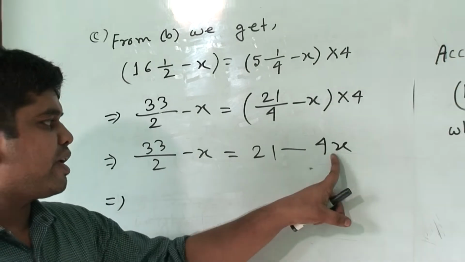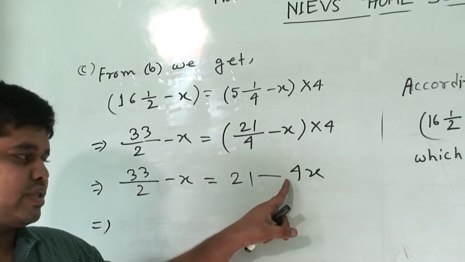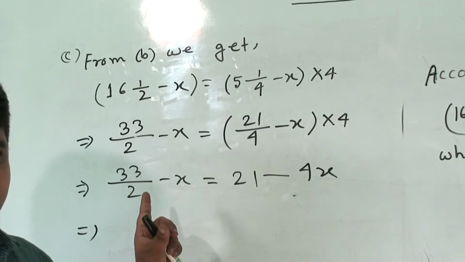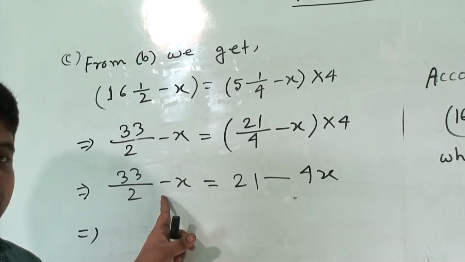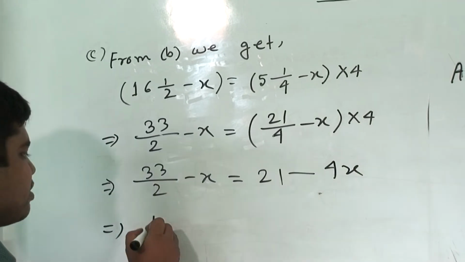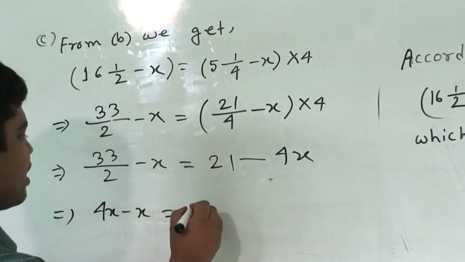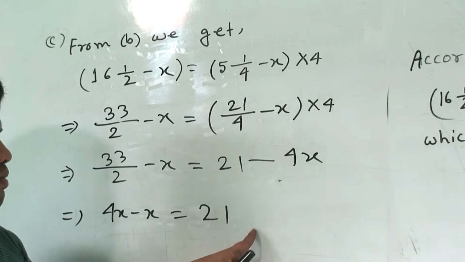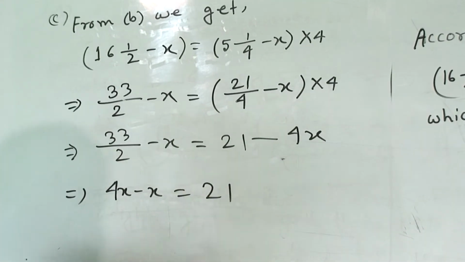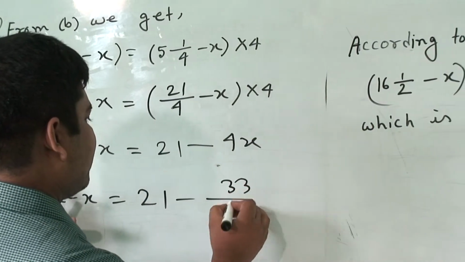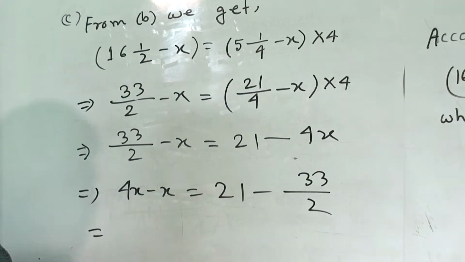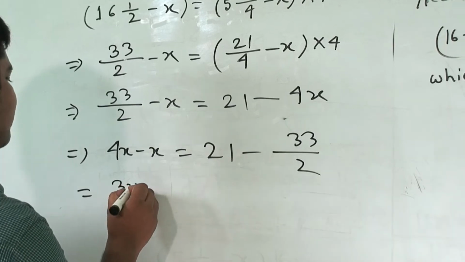For this reason, minus 4x changes its position, that means it goes to the right hand side, and as it has a minus sign, on the left hand side it will be plus sign, that means 4x minus x. Here 21 doesn't change its position, for this reason it is fixed, but 33 by 2 changes its position, that means 33 by 2. Now if I subtract x from 4x, then I get 3x.